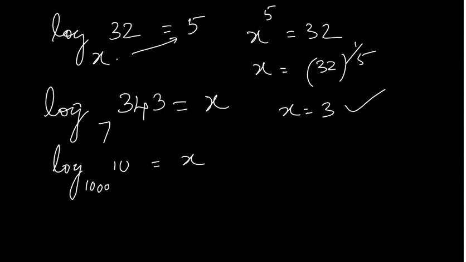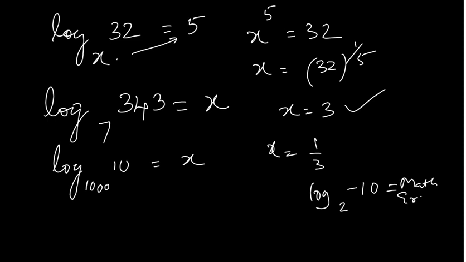You can use a calculator and see what value you get. So x equal to 1 by 3. Correct. And let's try log minus 10 to the base 2. What do you get? You should get an error. Math error.